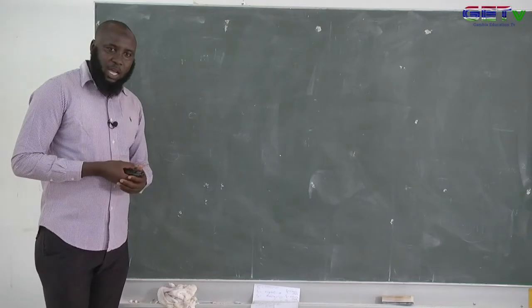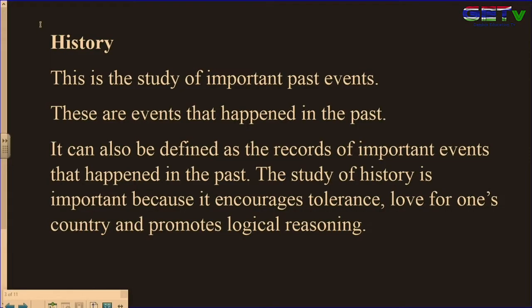Now let's look at the other components of social and environmental studies. As I said earlier on, SES, or Social and Environmental Studies, have other subject components. One of them is history, which we are going to look at now.